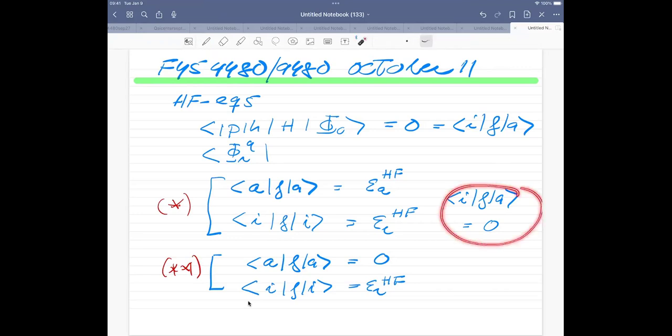Now, what happens then is that the expectation value of this quantity is 0, but that doesn't need to mean that the single particle energy is 0. Because in this specific case, for this specific system, the single particle energy of state A is given by kinetic energy only.